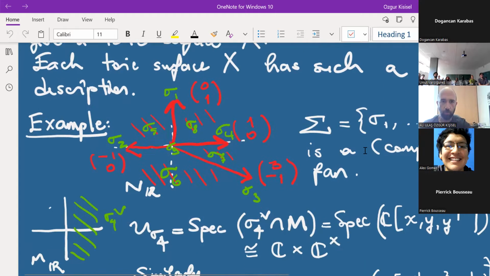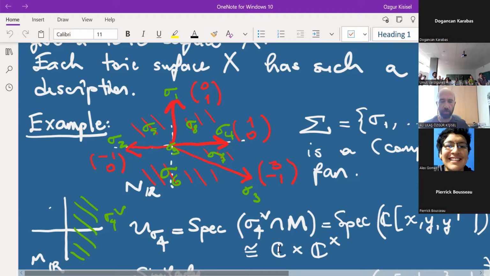Now, how do you form these U sigmas? Let's do an example on one of these, such as U sigma 4. We need to find sigma 4 dual intersect M, which by definition is all the vectors in the dual lattice which pair non-negatively with (1, 0). So that would be the closed right half space. And intersection with M just tells you that you should take the integer points.